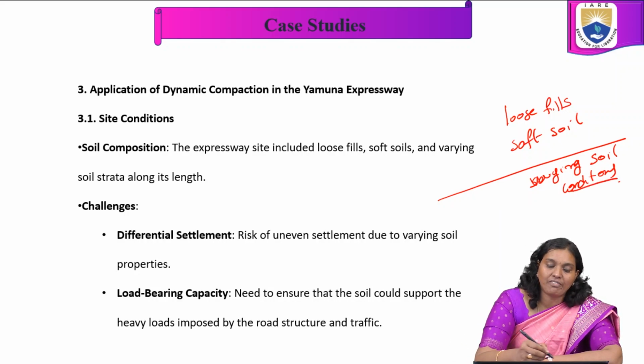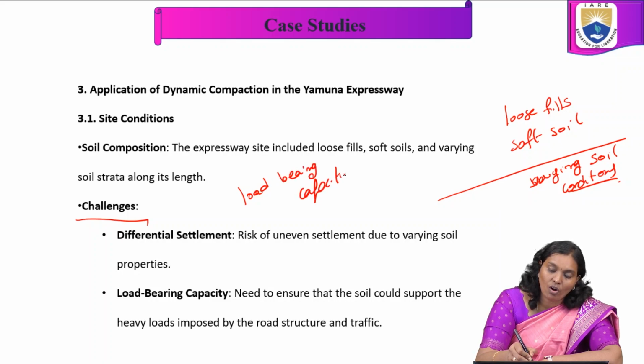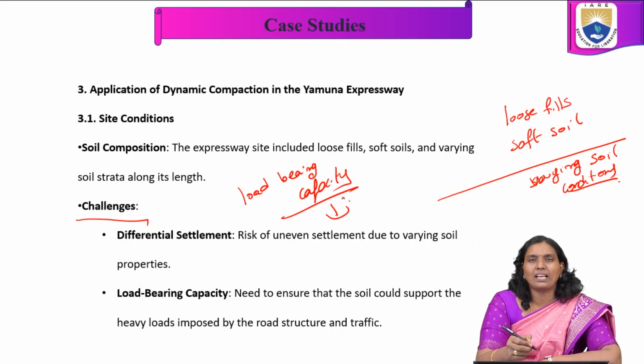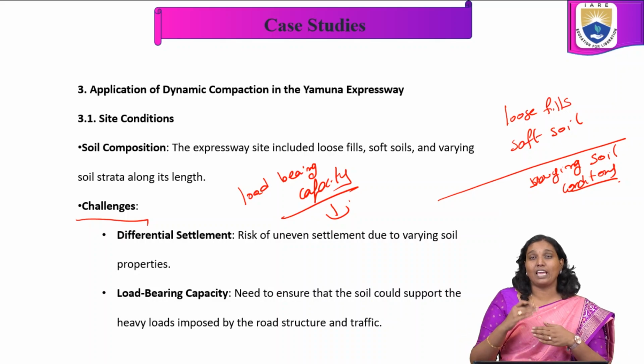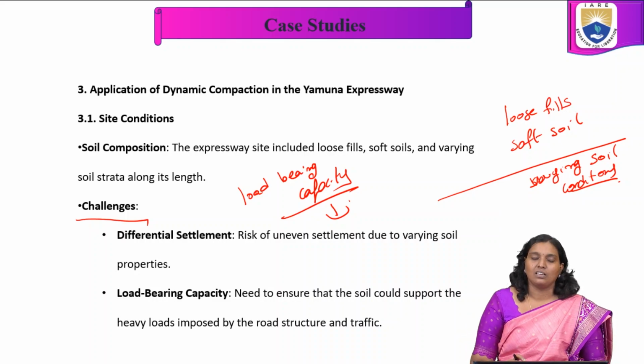Because of this we are facing various challenges. Dynamic compaction affects the load bearing capacity, but it depends on the compaction capacity of the soil condition. This complete stretch does not have the same kind of soil strata. It has different scenarios along its complete length.